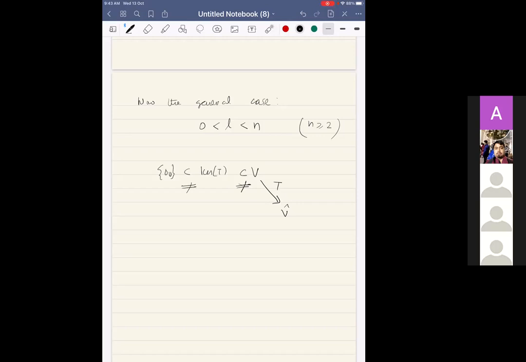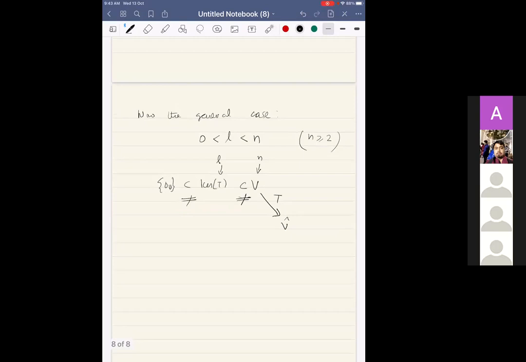I have a linear map whose kernel is not 0, but on the other hand is not the full vector space. This is the situation we have to deal with. Let me label the dimensions again: this is dimension n, and this is dimension L, in this range. So now, let v1 to vL be a basis of the kernel of T.